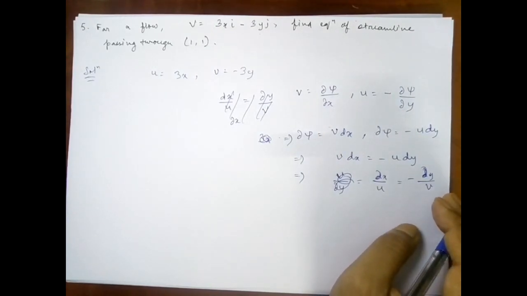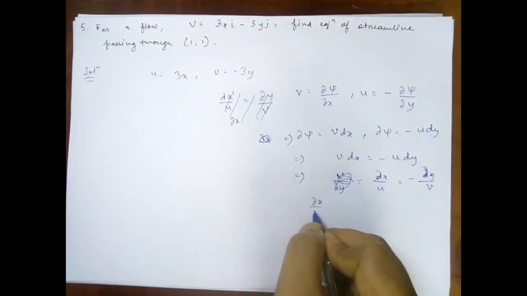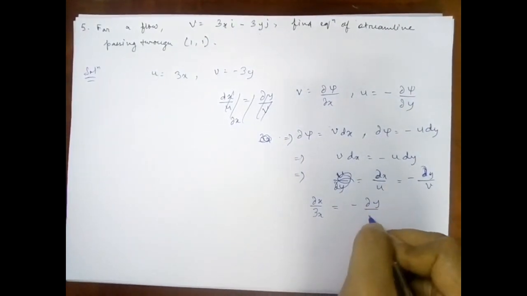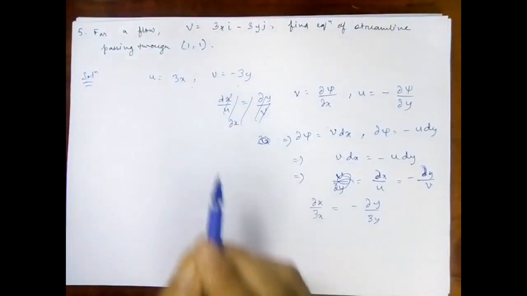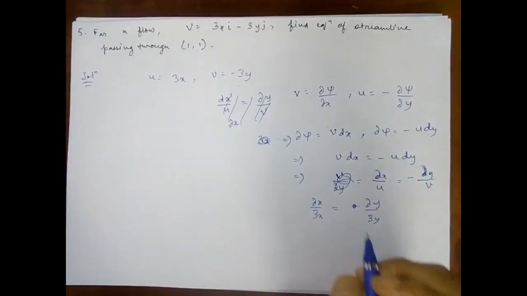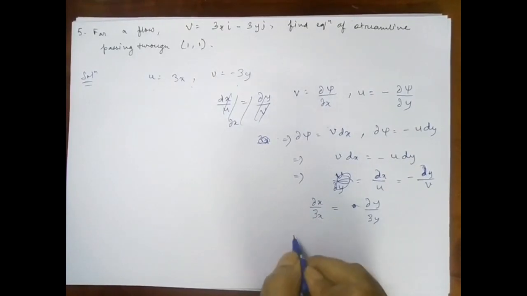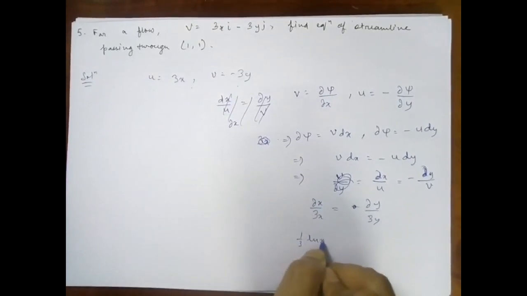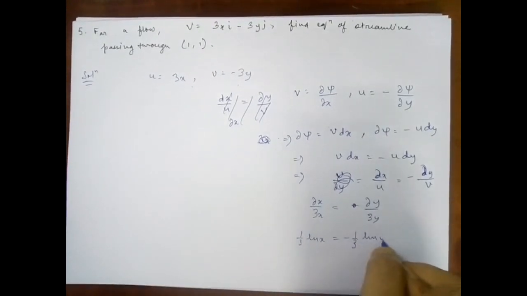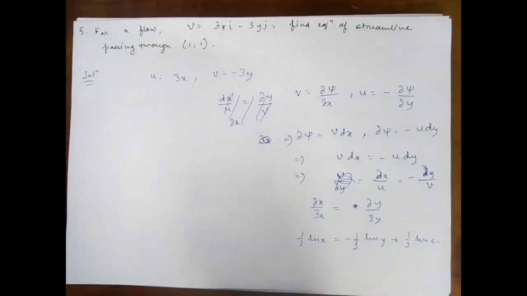So it's like dx upon 3x is equal to minus dy upon minus 3y, as u and v are 3x and minus 3y, and upon integration on these two we will get 1 by 3 ln x is equal to minus 1 by 3 ln y plus 1 by 3 ln c, suppose the constant.